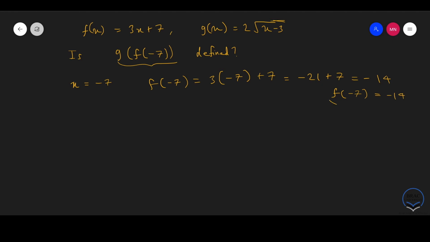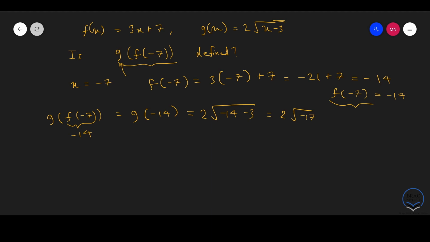Now we can substitute this value into our function g. So g of f of minus 7 is equal to g of minus 14, and this is 2 times square root of minus 14 minus 3, which gives us 2 times square root of minus 17.